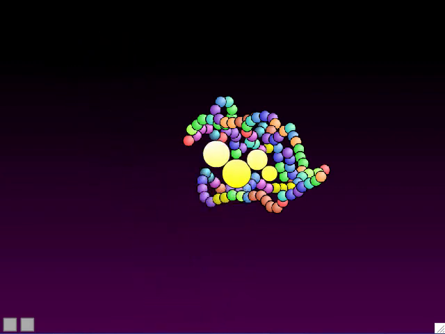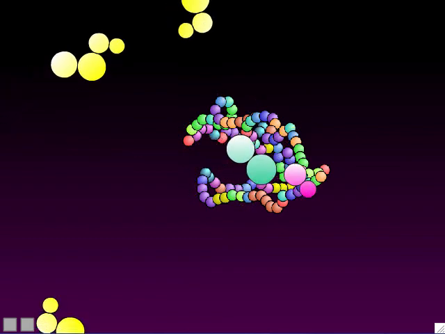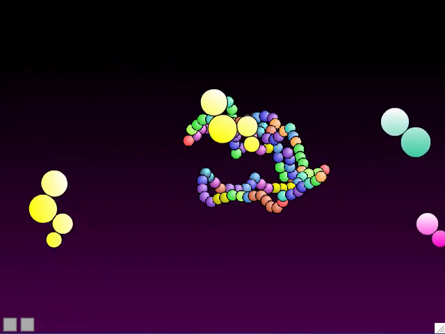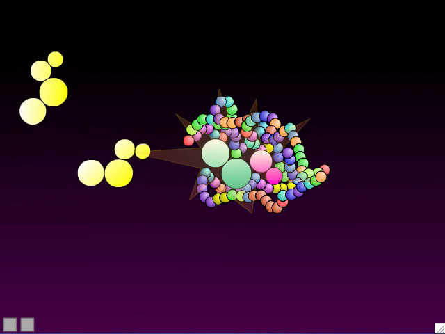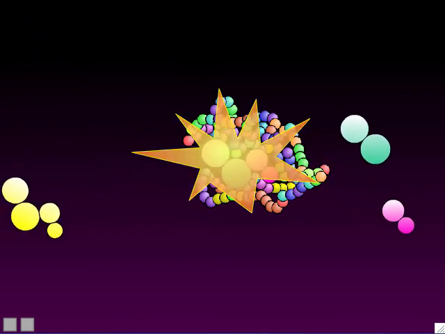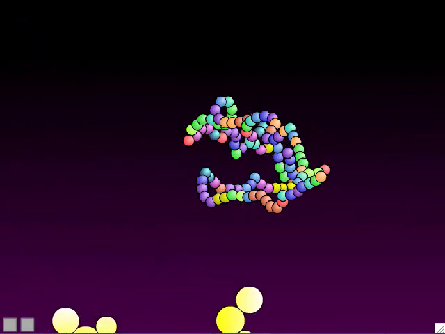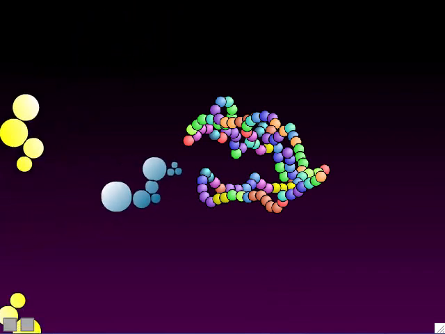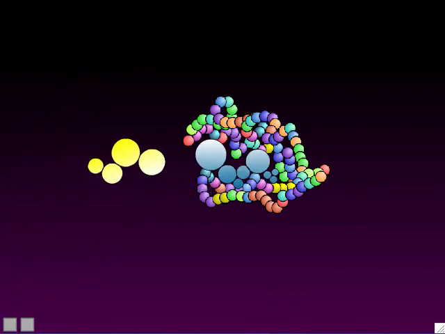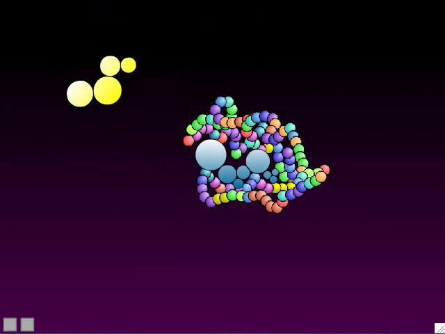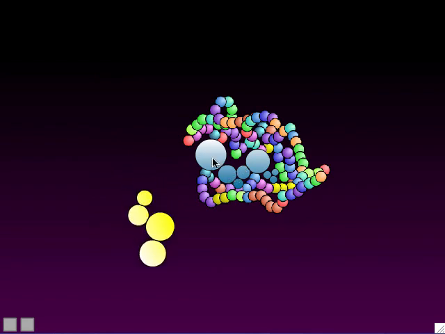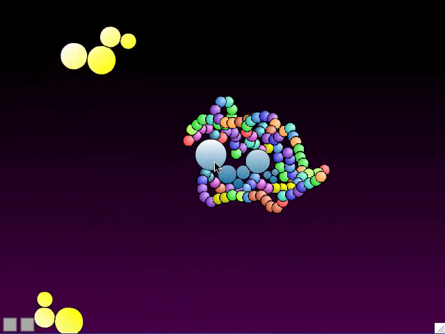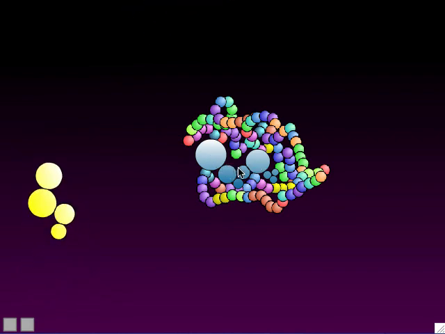Okay, so to understand the effect of competitive inhibitors on enzyme activity, let me just show you one of these competitive inhibitors. Where is it? Here it is. And so a competitive inhibitor is not the normal substrate of an enzyme, but a competitive inhibitor molecule is close enough in shape to the normal substrate so that the competitive inhibitor can enter the enzyme's active site.